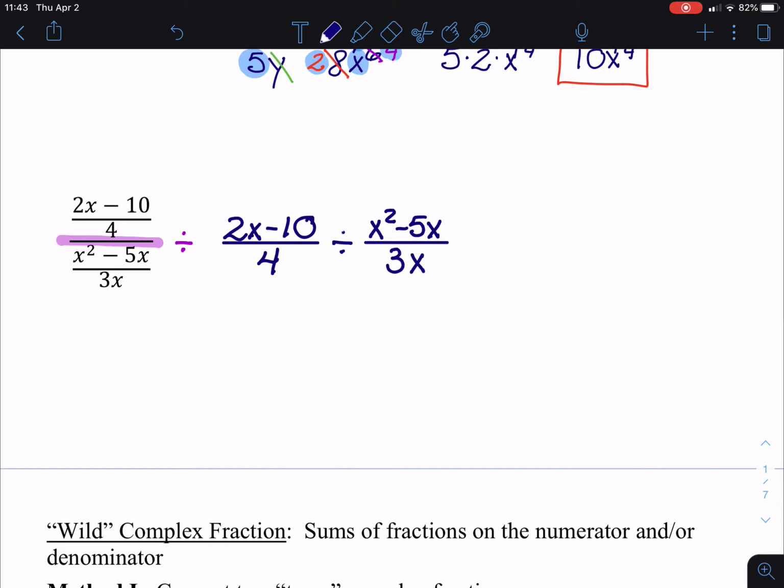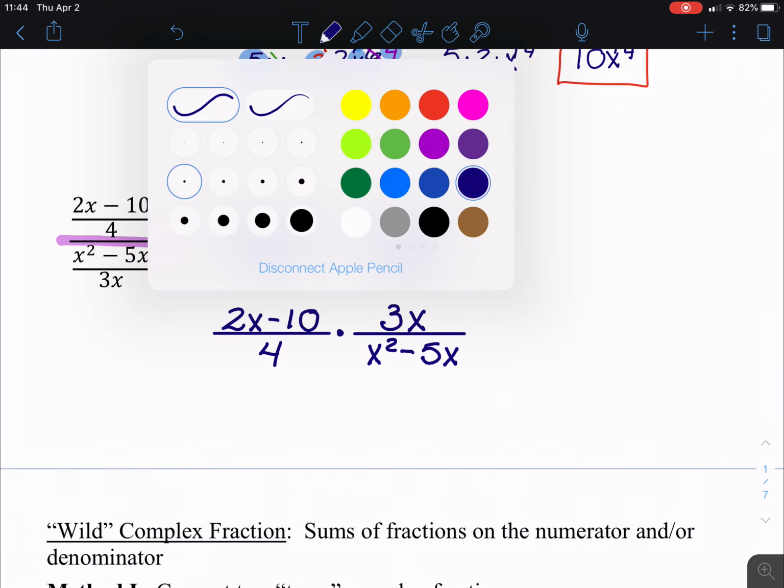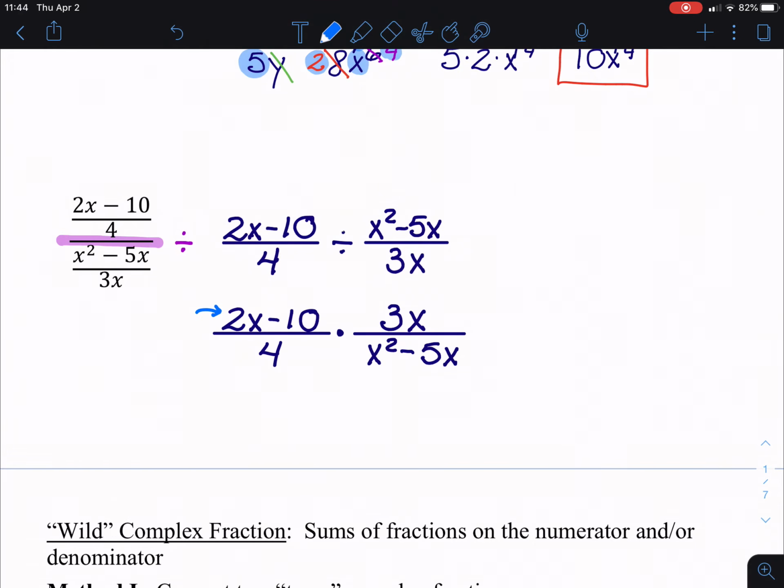Okay. Now I'm going to keep, change, flip. So keep my first rational exactly the same, 2x minus 10 over 4, change my division to multiplication, and then flip my second fraction. So 3x over x squared minus 5x. Okay. Now then, before I can go ahead and start canceling anything, I need to go ahead and try to factor my numerator right here and my denominator right here.